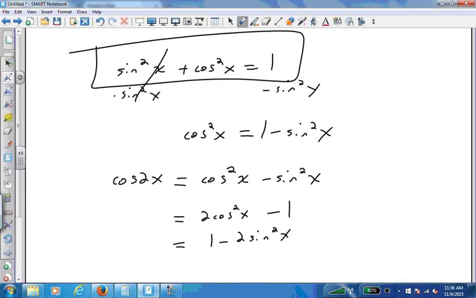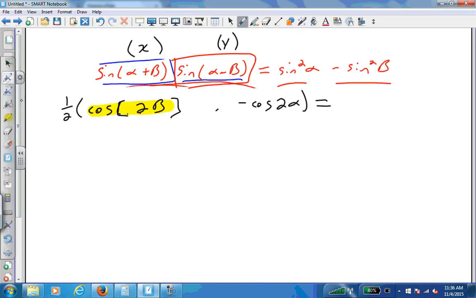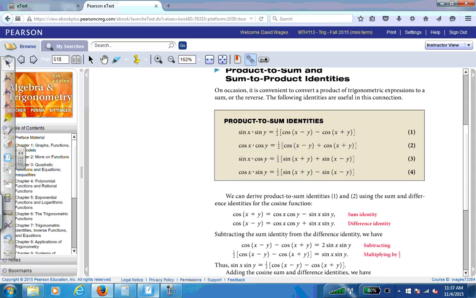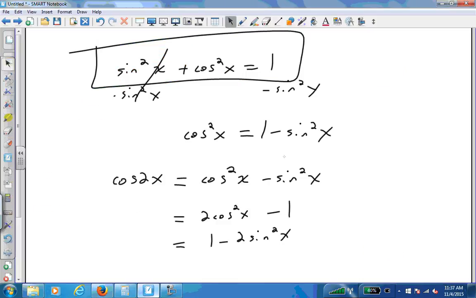Now, on the right side, again, do we have cosines on the right side? We don't have any cosines on the right side. So when I pick which one of these to use to replace with, I'm probably going to pick one that doesn't have any cosines in it. That one doesn't have cosines.